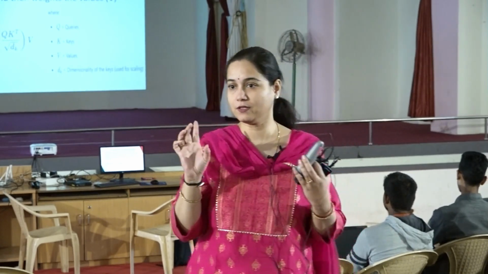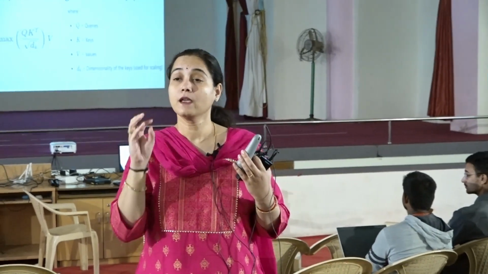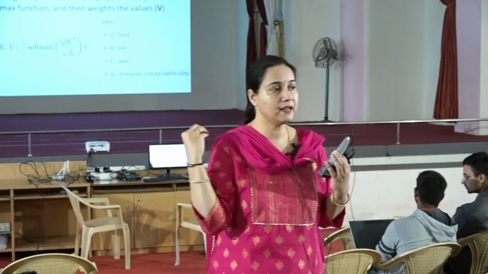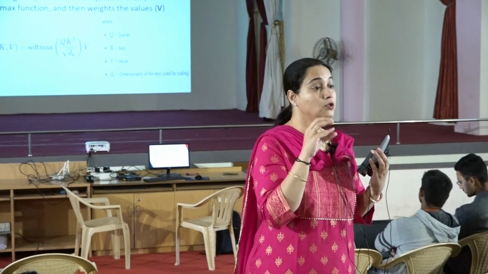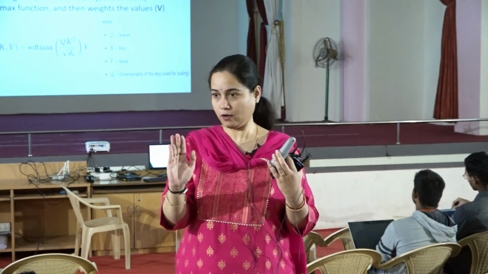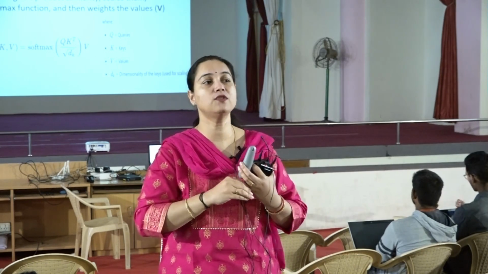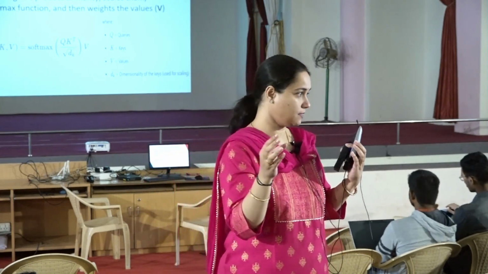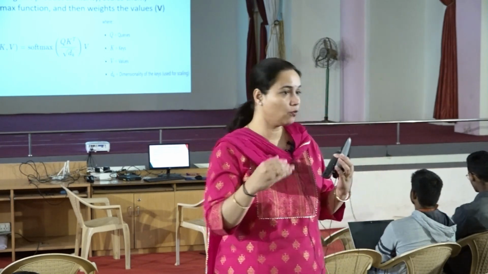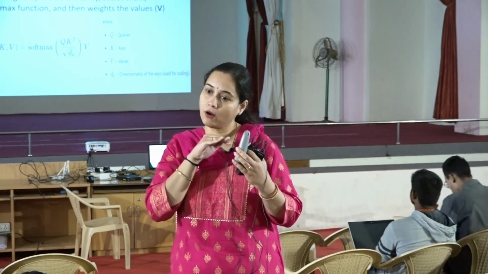Yesterday I taught you this. Now, attention score, how am I getting it here? What is the technique that I am using? Dot product, not just dot product, scaled dot product, because dot product sometimes gives larger values as a result, which will not be easy for me to go on with the computation. So I want to scale it.